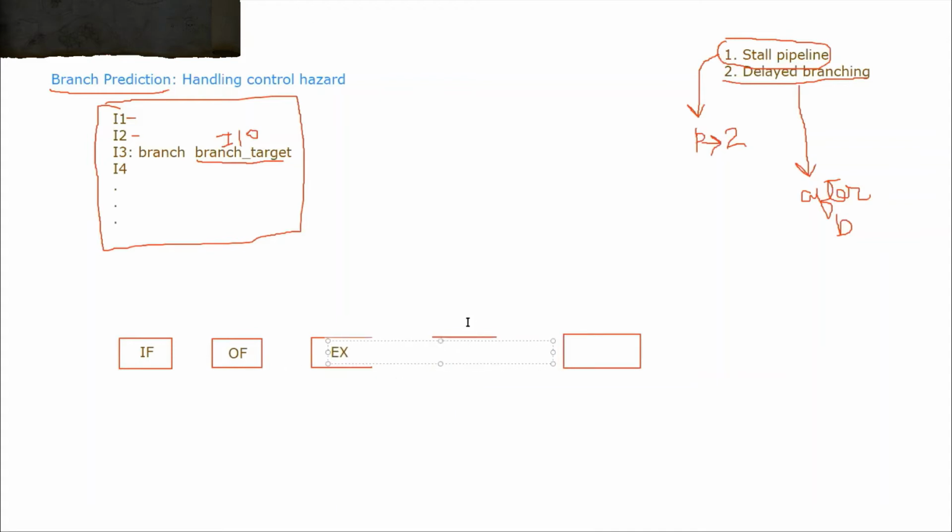After execute, we have memory access, and the last stage is write back. So these are our 5 stages. And let me make the arrow from one stage to another.